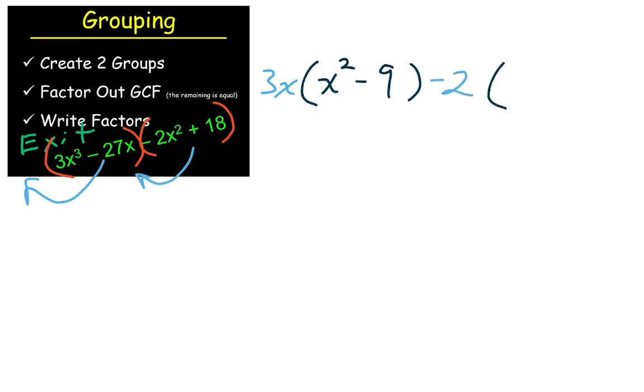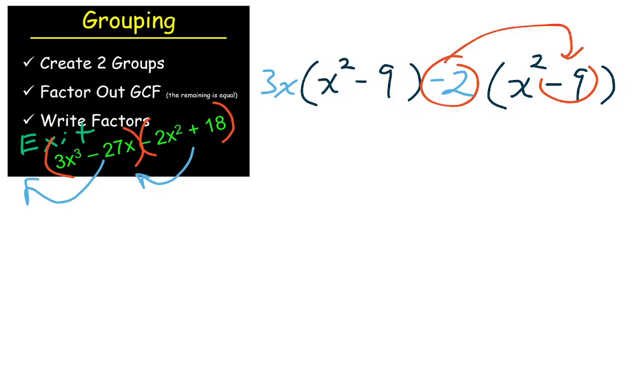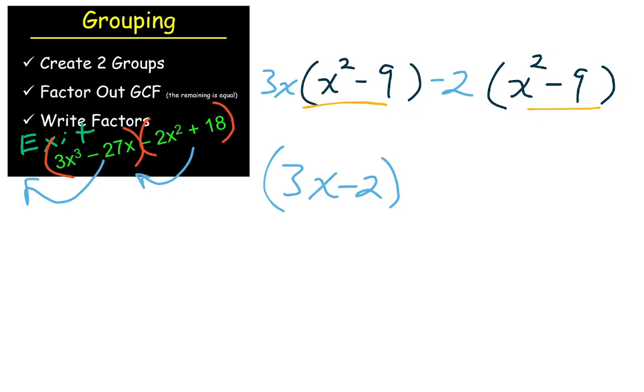I want to take out a negative 2 because I want to be left with x squared minus 9. Again, the two negatives that you get here are going to turn back into 18. Okay, so I take out a negative 2. Now I see the x squared minus 9s are the same. I know that I'm definitely on the right track. I can take my GCFs and record them as a factor. I can take my x squared minus 9 and record it as a factor.